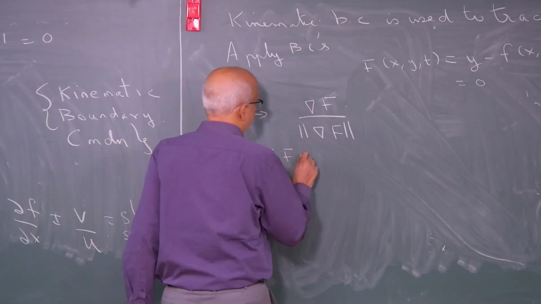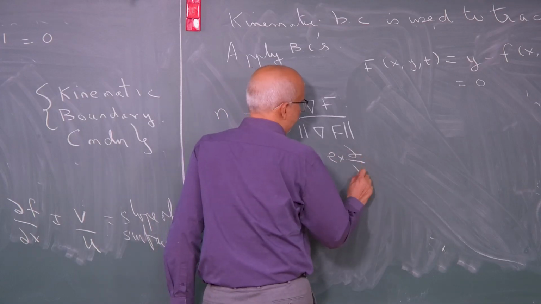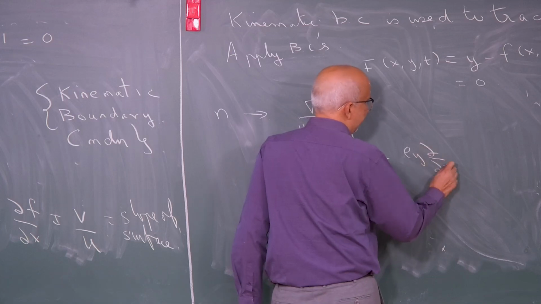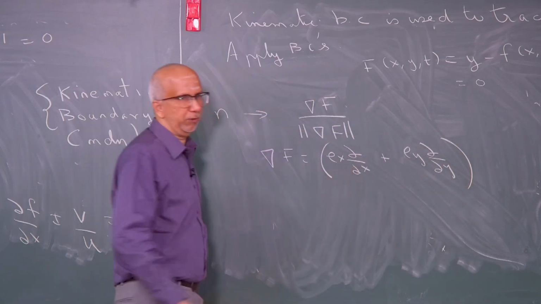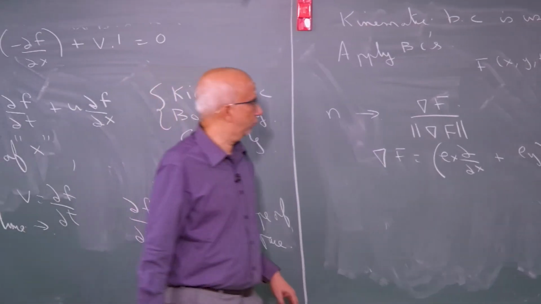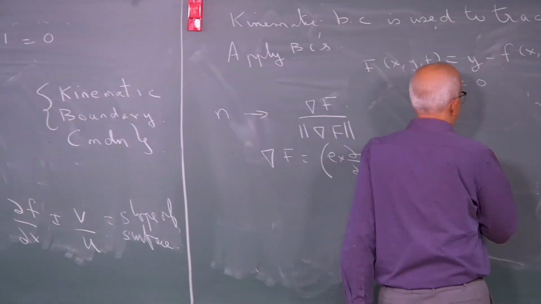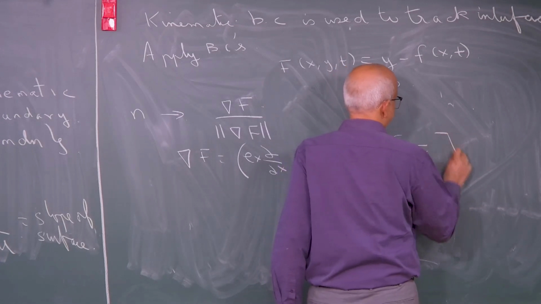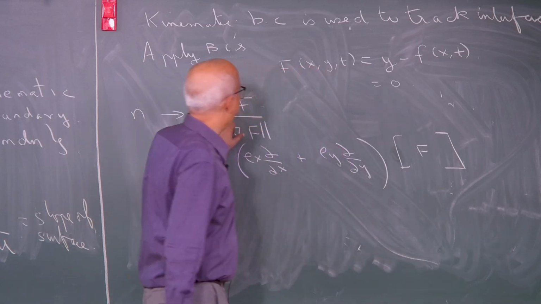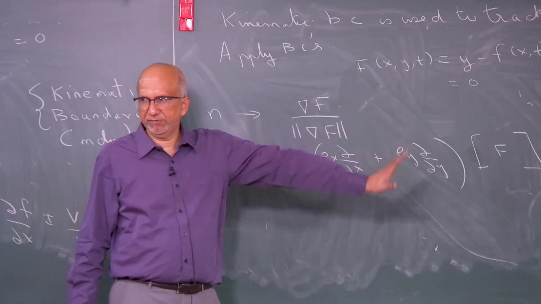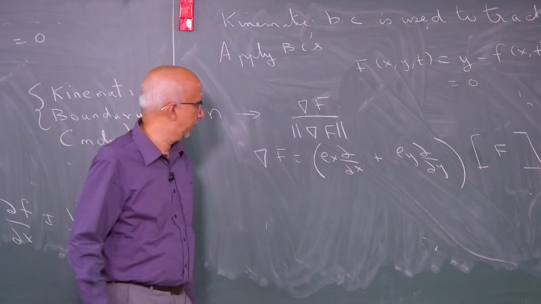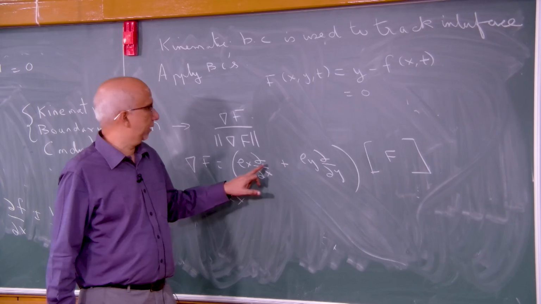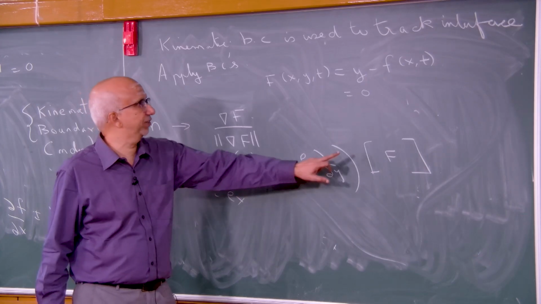Grad F is Ex d by dx plus Ey d by dy, and this is the reason I came to Cartesian coordinates, because I can deal with x, y rather than go to r, theta. There is no dot product here, it is just the gradient. F is a scalar, capital F is a scalar. So, what is this going to be? Ex times the partial derivative of F with respect to x.